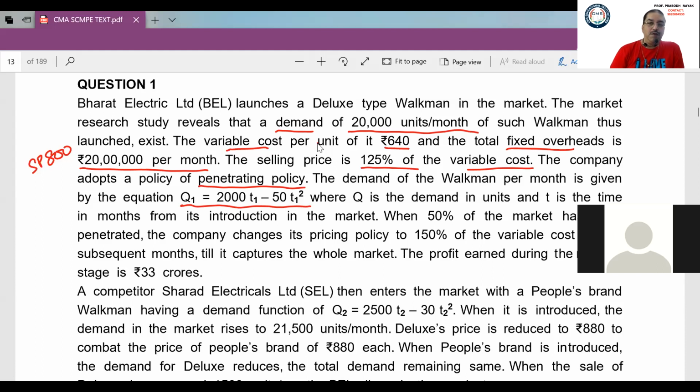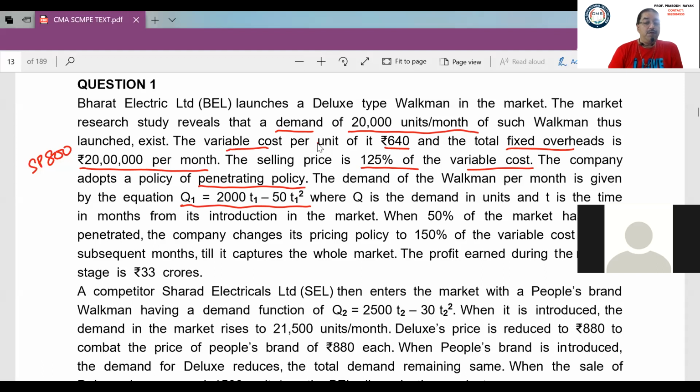So 2000 minus 50, 1950. Second month, it will be 2000 into 2, 4000, minus 50 into 2 square, 4. 50 into 4, 200. So 4000 minus 200 is equal to 3800. So like this, my quantity will be calculated every month. Okay? Where Q is the demand and T is the time.